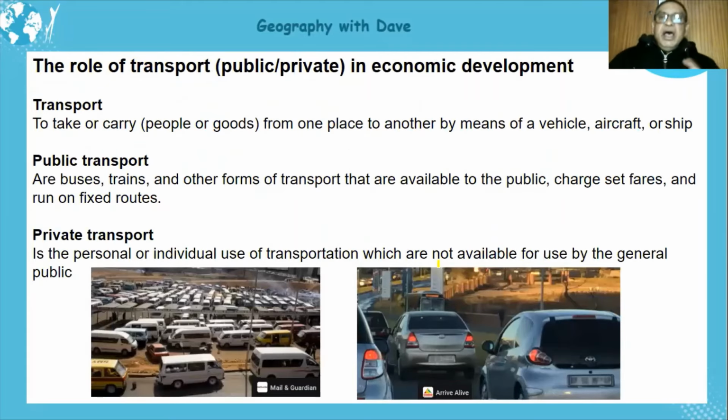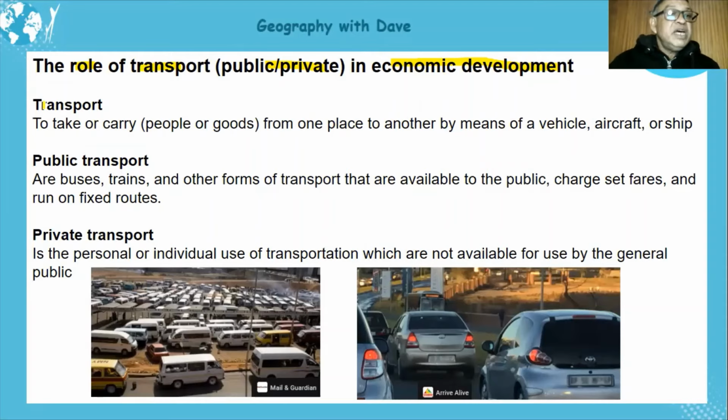All right, one more thing comes in. And of course, it's part of the tertiary sector. Trade is the tertiary sector, and transport is the tertiary sector. So our guideline talks about the role of transport, public and private, in economic development. And again, I know it's simple, but it's nice to define what transport is.